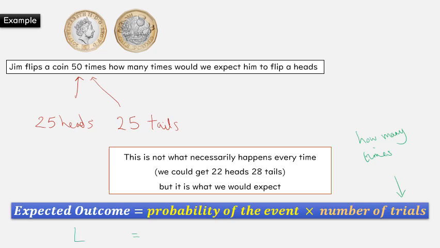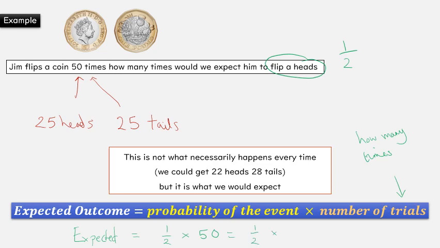So we know that the expected outcome for this: the probability of flipping a head is 1 out of 2. 1 head out of a possible 2 things, heads or tails. So a half, times the number of trials, so times 50, because we flipped it 50 times.